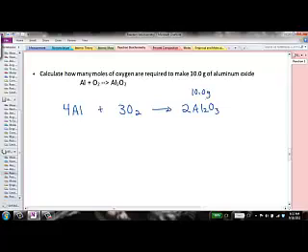It says I'm given 10 grams of the aluminum oxide. And so I know that grams is there, so I'm going to go ahead and calculate the molar mass for aluminum oxide. So it's around 102 grams per mole, and it wants to know moles of oxygen.